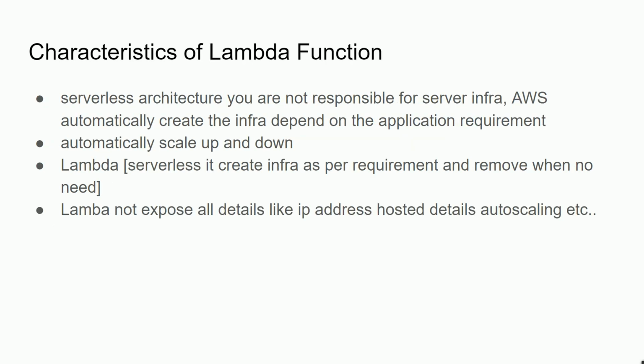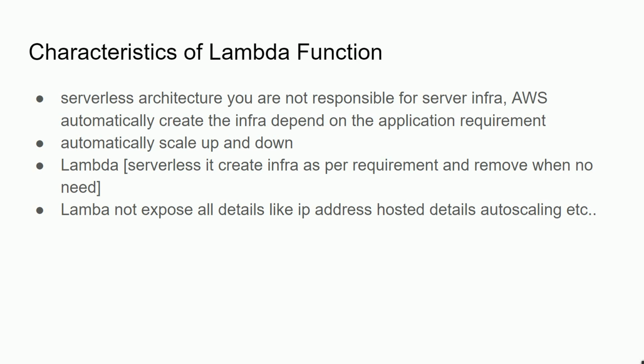Characteristics. Serverless architecture, you are not responsible for the infra. AWS automatically creates the infra depending on the application requirement, and automatically scales up and scales down. Lambda creates the infra as per requirement and removes it when there is no need.